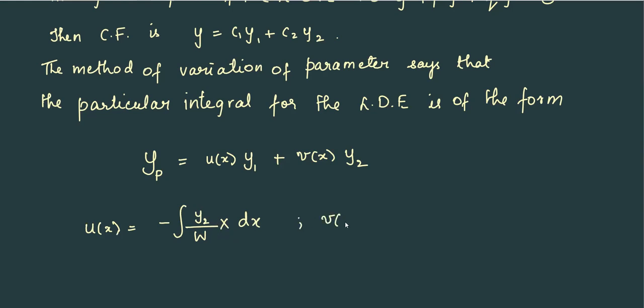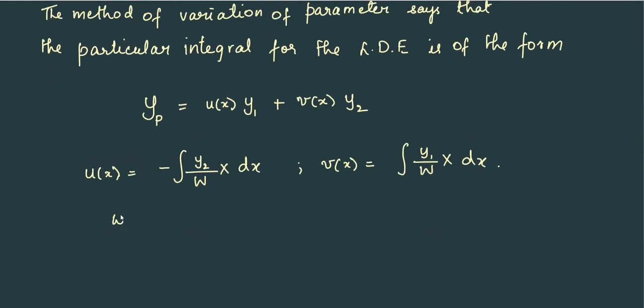And what is this W? We'll just see. V is the integral of y1 by W times X dx. I'm skipping the proof completely, it's not necessary for us.